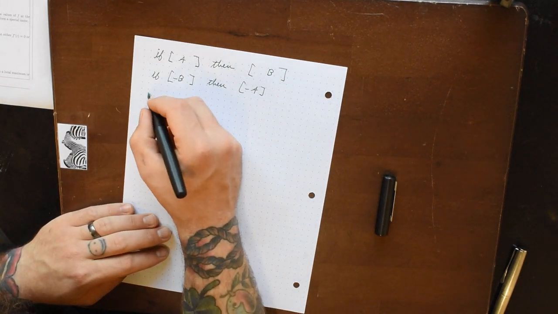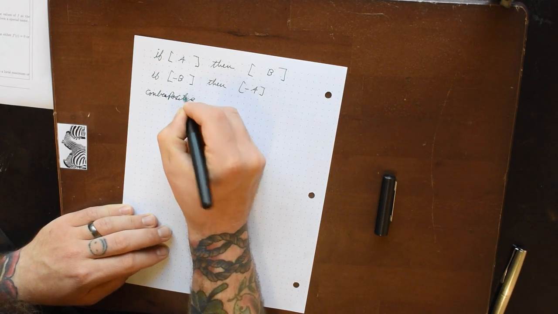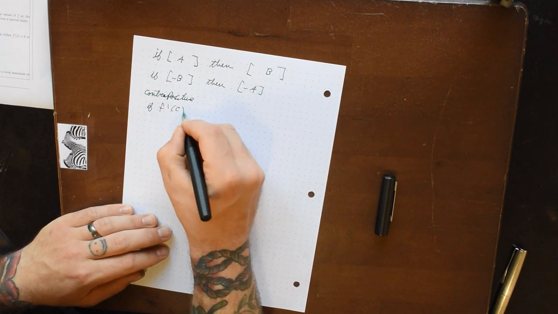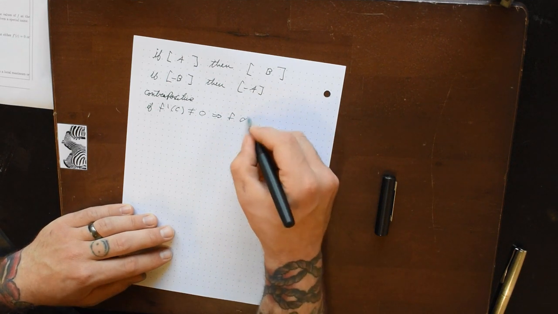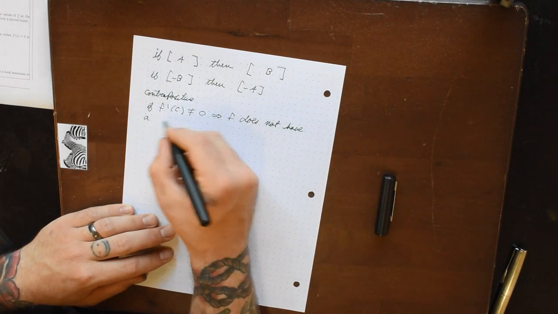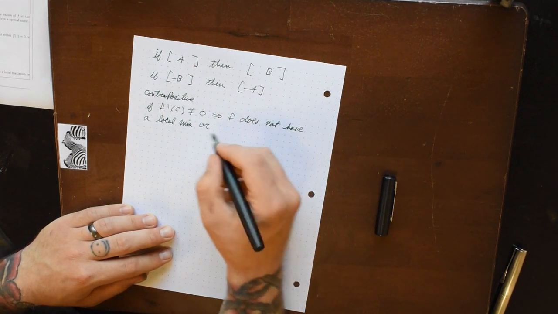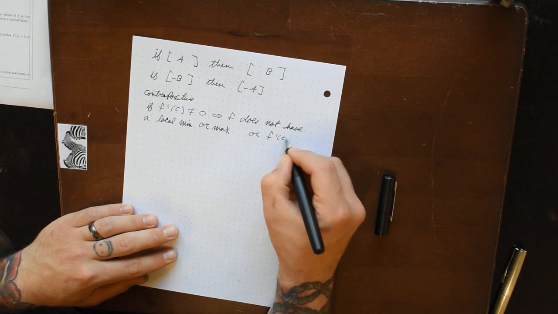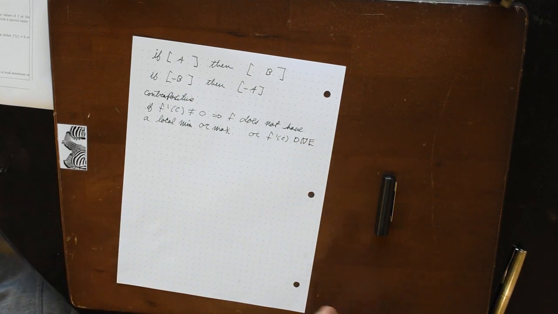The contrapositive says if f prime of c isn't equal to 0, then f does not have a local minimum or max, or f prime of c does not exist. One of the two options.